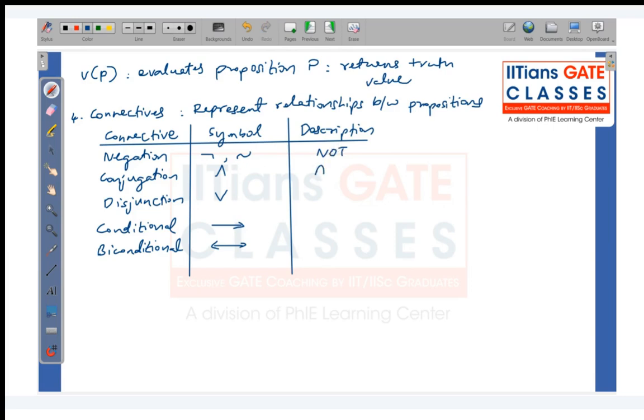You see AND gate, OR gate. Conditional we don't directly see. This is an if then. And biconditional is if and only if.